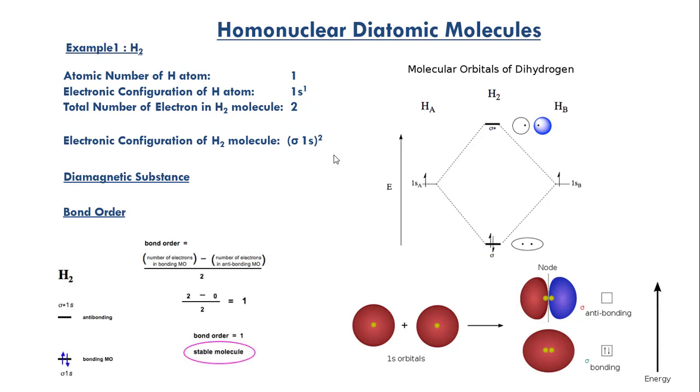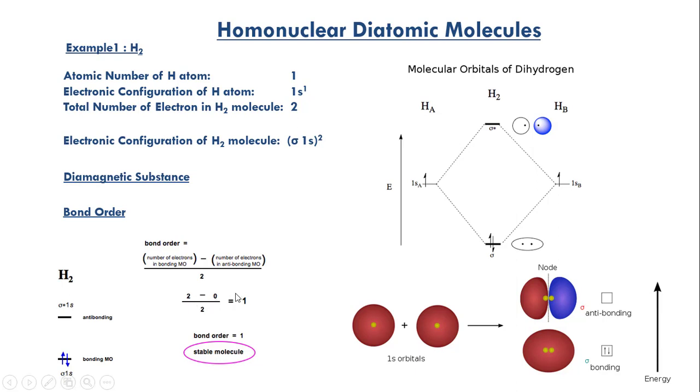And what is the bond order? Bond order is the number of electrons in the bonding molecular orbitals minus the number of electrons in the anti-bonding molecular orbitals, divided by 2. Here two electrons are in the bonding molecular orbital and there are no electrons in the anti-bonding.